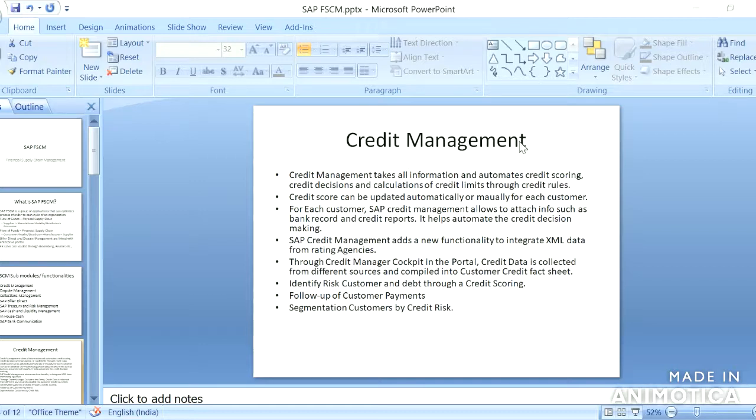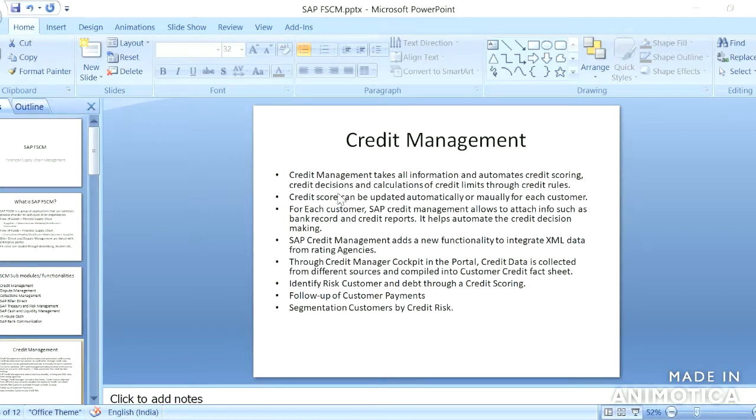So let us see a few functionalities which can be done with credit management. Credit management takes all the information available and automates credit scoring. So what are all the credits available?